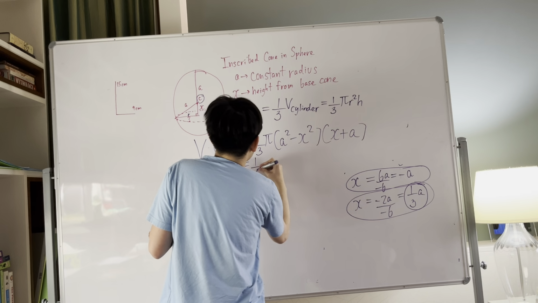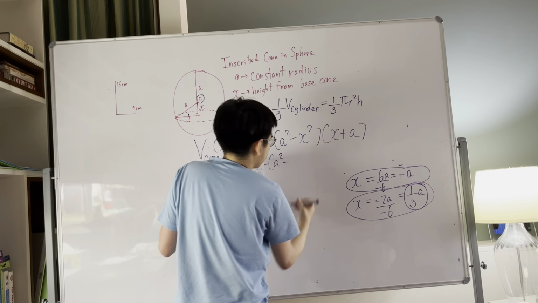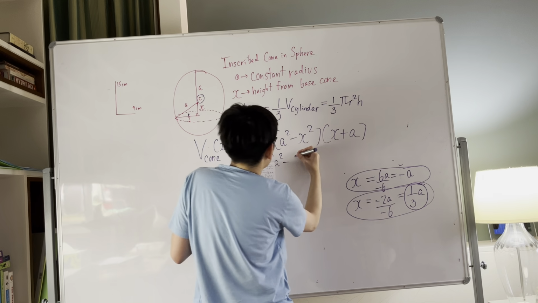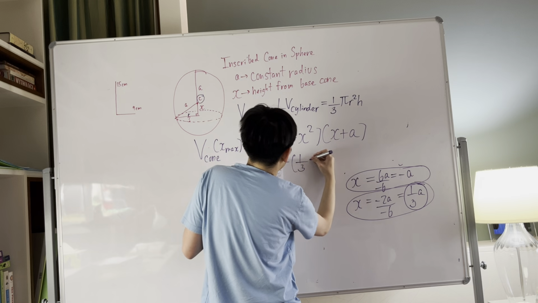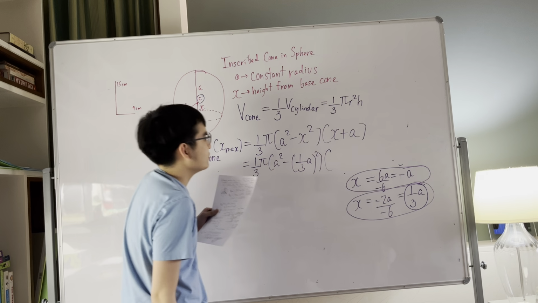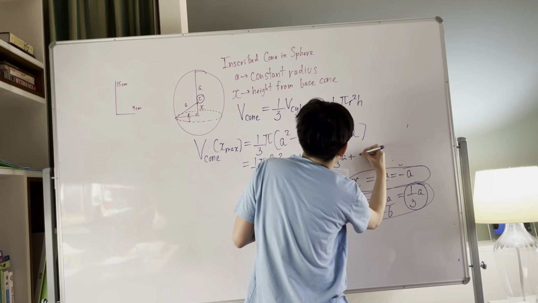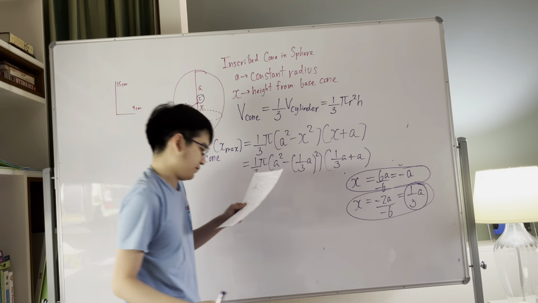So then we can simply put in x, which is 1/3 a, all squared, times 1/3 a plus a, which should become 4/3 a.